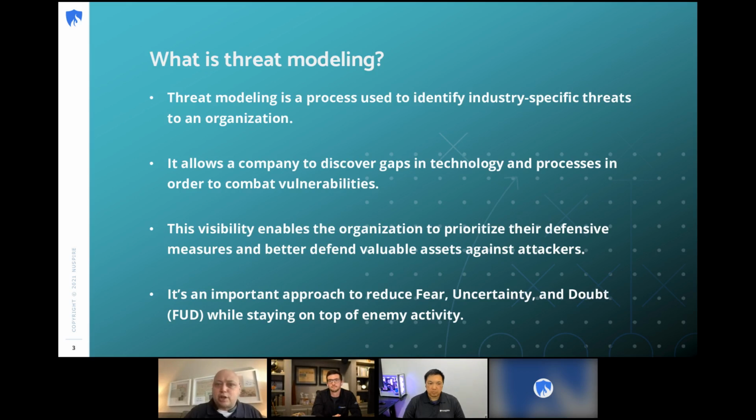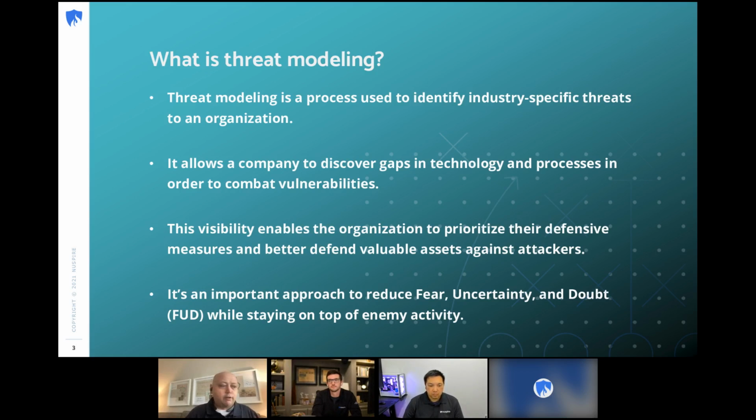It allows us to discover gaps in technology and processes in order to combat being vulnerable to those threats. If you think about the definition of risk, risk is really threat times vulnerability over countermeasures. And if we don't understand who the threats are, we're missing a critical component in having a conversation about risk.